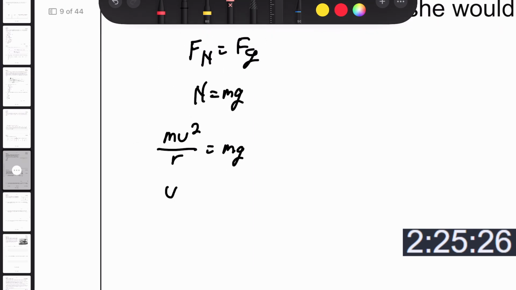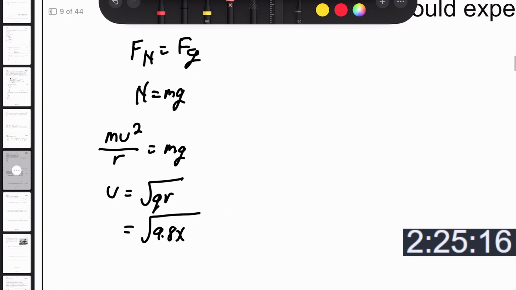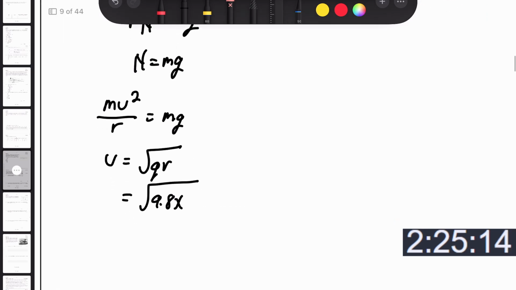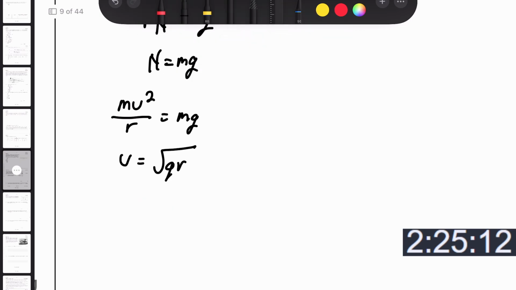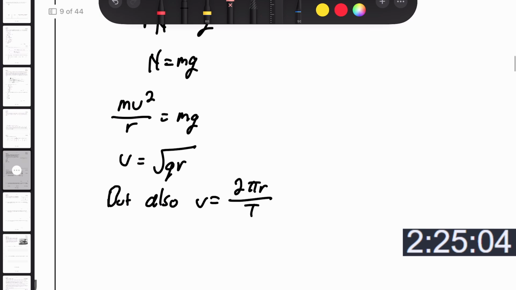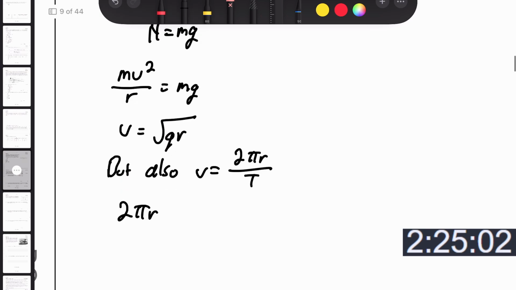Okay, so v squared equals gr, so 9.8 times r, but also v equals 2 pi r on t. So then 2 pi r on t must equal square root of gr.